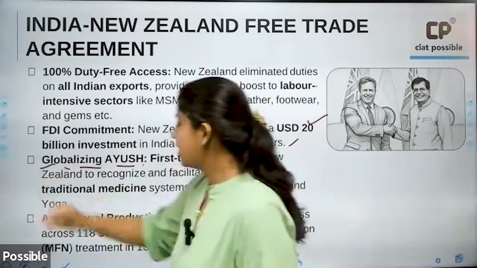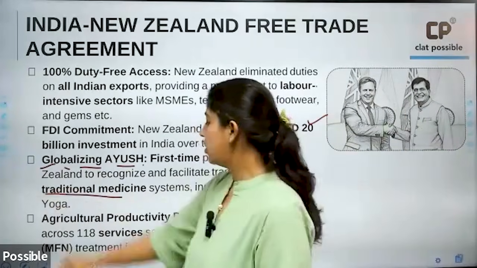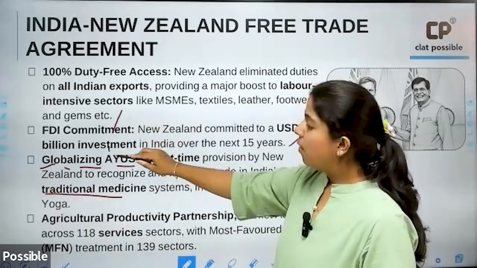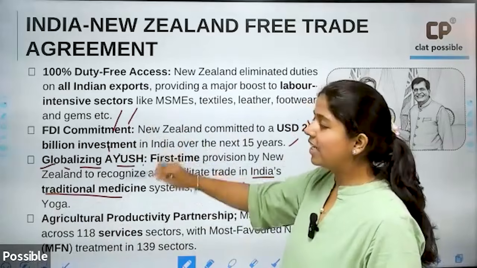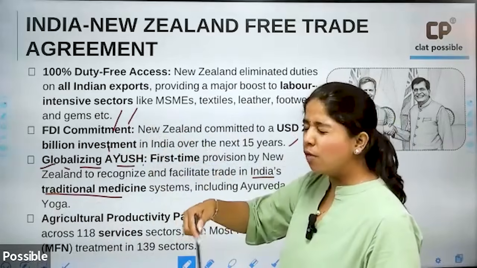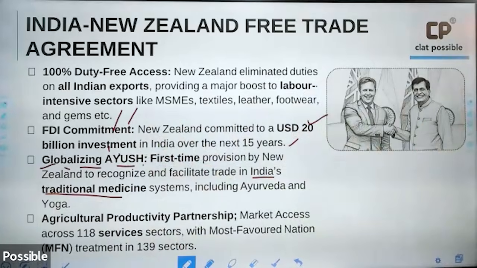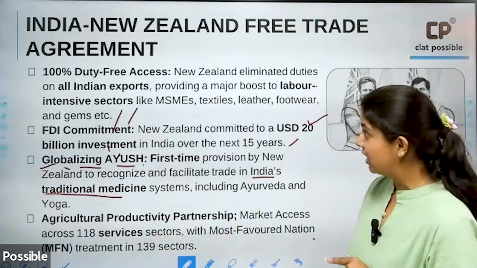Also, for the first time, we have undertaken globalization of Ayush with another country. What is Ayush? It is India's traditional medicine system. It is an abbreviation: A stands for Ayurveda, Y for Yoga, U for Unani, S for Siddha, Sowa-Rigpa, and H stands for homeopathy. Other than that, an agricultural productivity partnership has been undertaken, across 118 services sectors, and most favored nation treatment in 139 sectors.